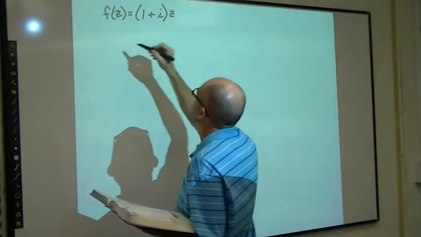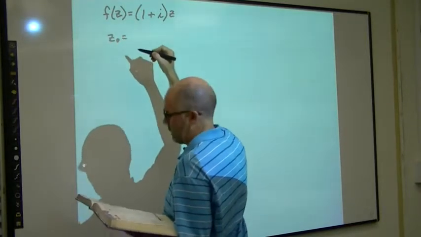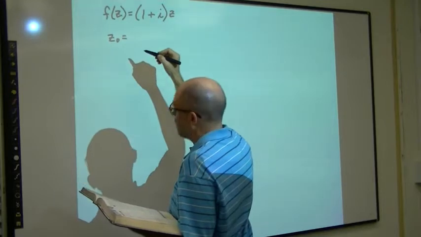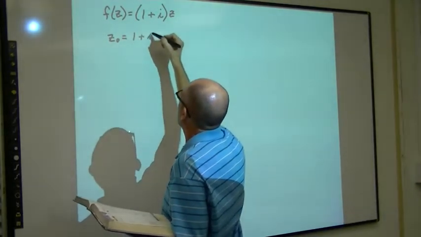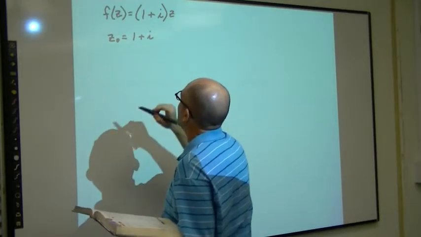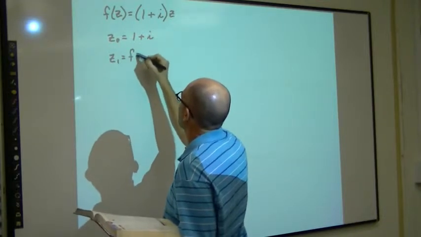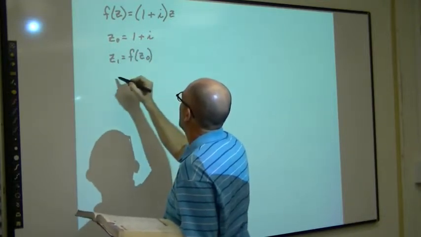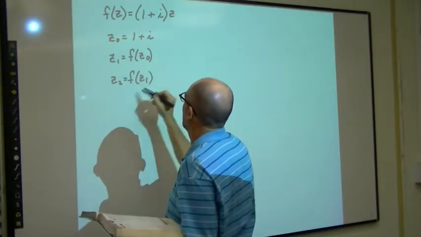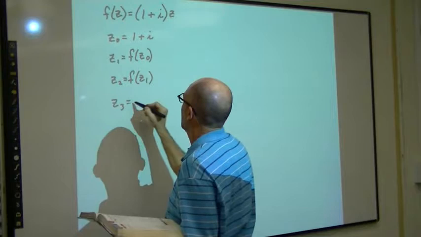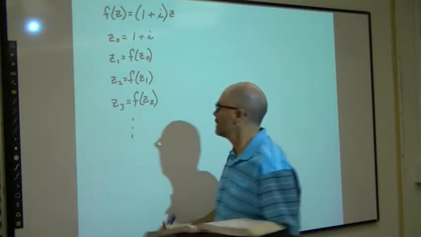Now, z sub 0 is going to be 1 plus i, and then z sub 1 is going to be f of z sub 0, and z sub 2 is f of z sub 1, and z sub 3 is f of z sub 2, and it just keeps going.